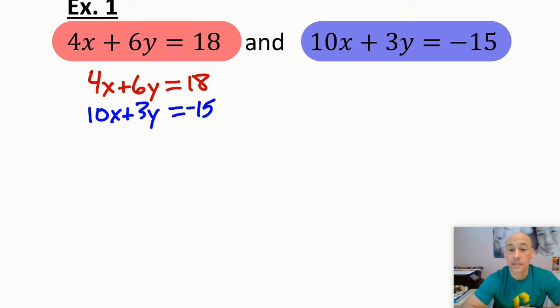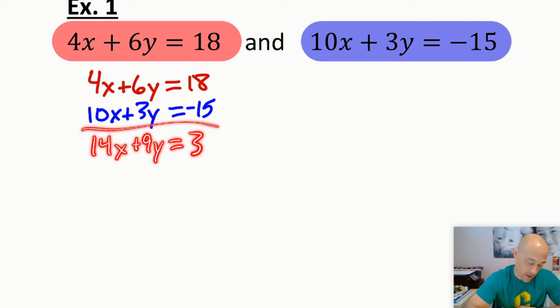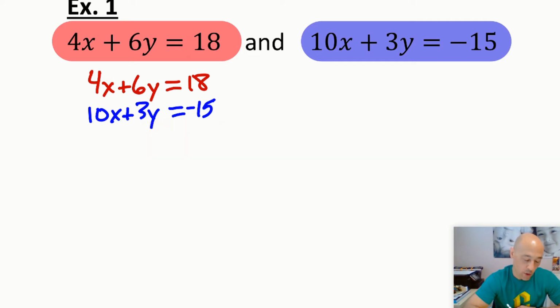These equations are suitable for the elimination method because I have my x terms, plus or minus my y terms, equals some number. Now, if I just added these together, I would get 14x plus 9y equals 3, and nothing would be eliminated. So I need to multiply one of these equations by something in order to eliminate.